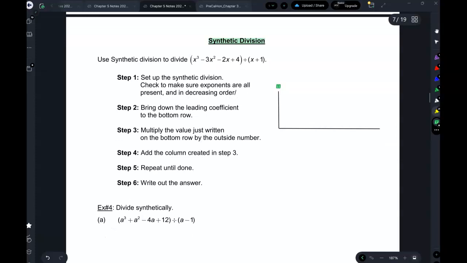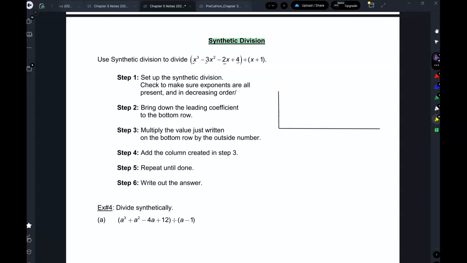First, we have to set it up, okay? Check to make sure that all the exponents are present and in decreasing order. So the highest exponent here is 3, 2, 1, 0. We're good to go. Next, to set up the synthetic division, you have to create a little chart-looking thing like this. Over here, you write down the coefficients of this polynomial.